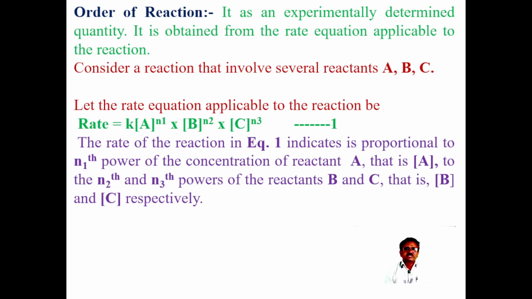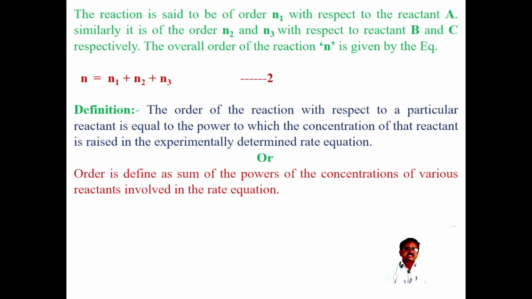So, the rate of the reaction in equation 1 is proportional to the n1th power of the concentration of reactant A, that is molar concentration of A, and to the n2th and n3th power of the reactants B and C, that is molar concentration of B and molar concentration of C respectively.